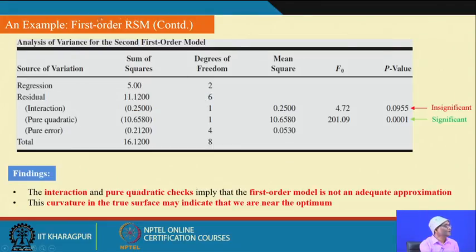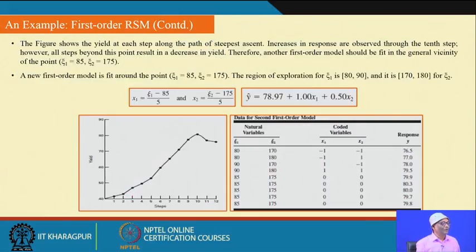For example, once we fit the first order model in that new zone, we found that the pure quadratic effect is significant. So, the first order model will not fit, and you have to go for a higher order model. This is basically the way response surface methodology works.